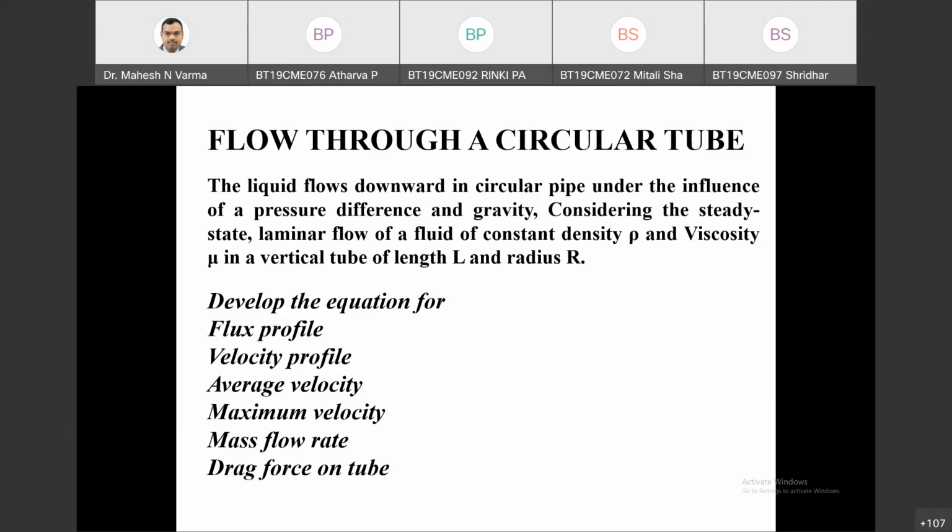V theta is also 0. Can you give the logical reason for this? Vr equals 0, sir, because the liquid is falling directly downwards, so there is no force acting in the radial direction. Okay. First of all, you can give the reason that it is given as laminar flow. So laminar flow, you are telling laminar flow and you are telling that Vz is non-zero.